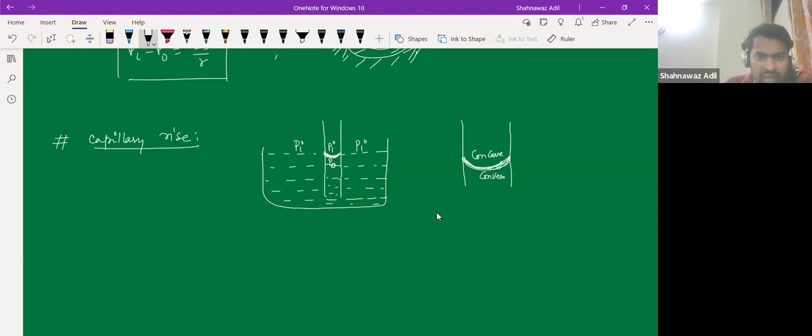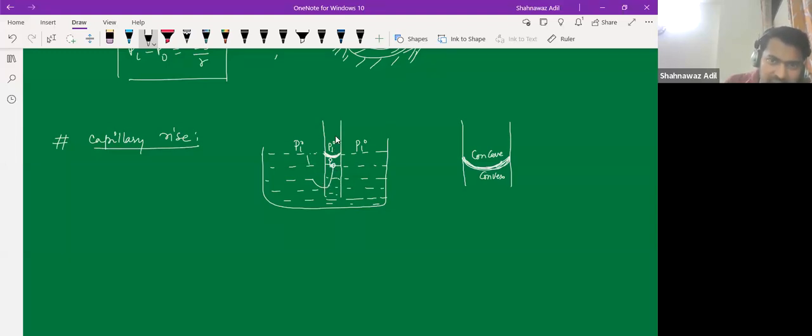So we know that this is the concave part. So in here the pressure is more, and in here the pressure is less, right? And all these points have the same pressure, right? So this pressure will apply some pressure from this side because this has a lower pressure.